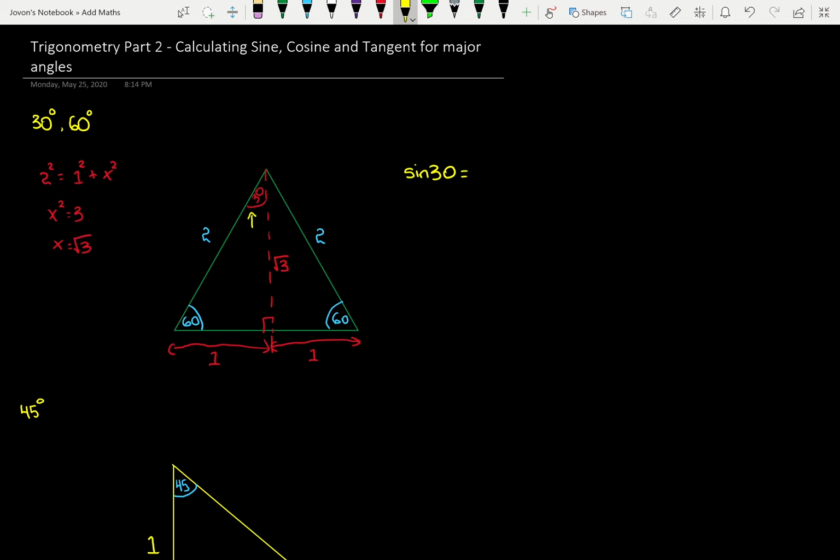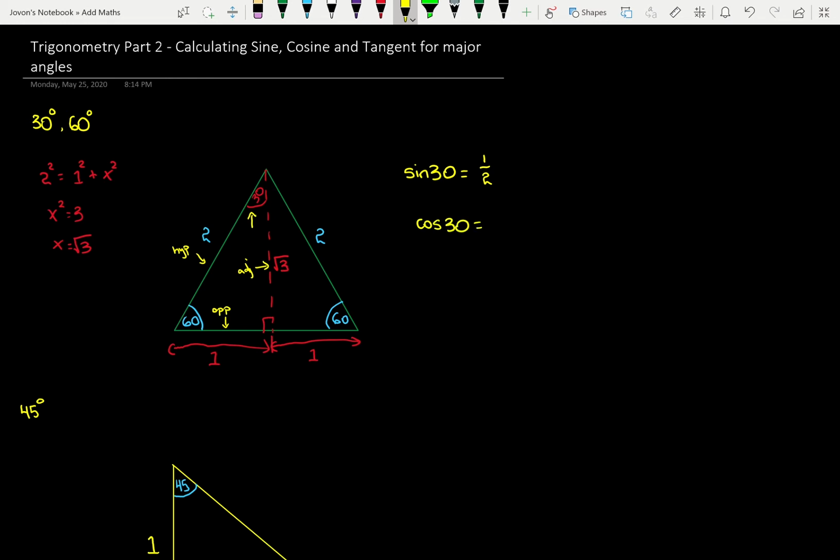In this case, this would be our hypotenuse, this is our adjacent, and this is our opposite, because this one is opposite the angle. So sine 30 now: sine is opposite over hypotenuse, so it would be 1 over 2. So sine 30 is a half.